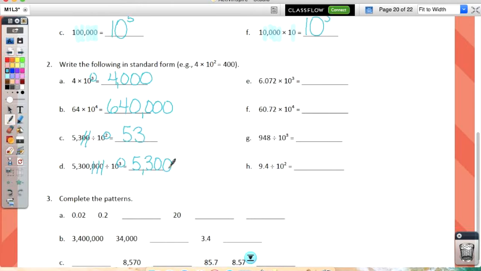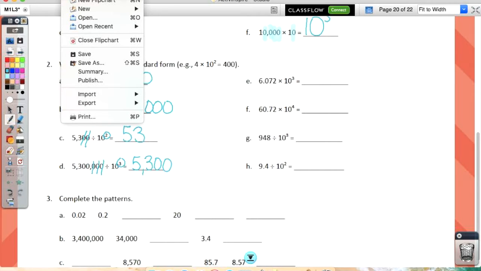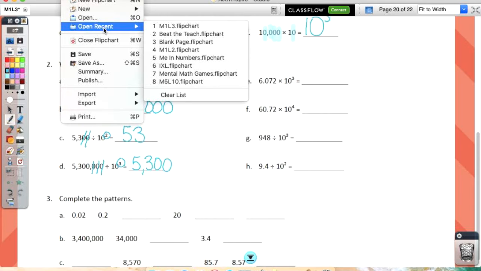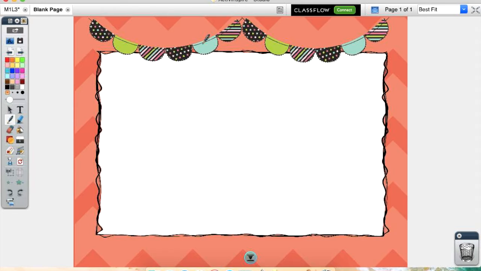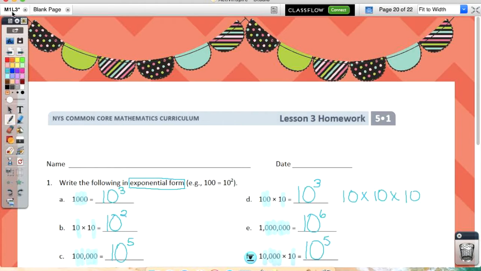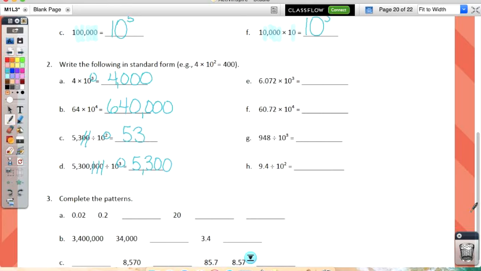All right, look at E through H. E through H, we're going to have to use a blank page. I hope I've got a blank page here somewhere. Oh, good. Okay, so let me get back to where I was. So how do I know it's the decimal trick on these? Because there's a decimal. It's not a whole number, right? There's already a decimal in it.